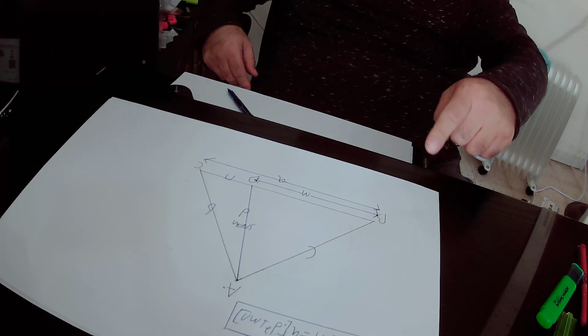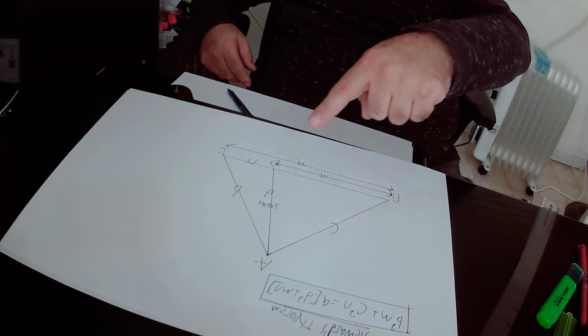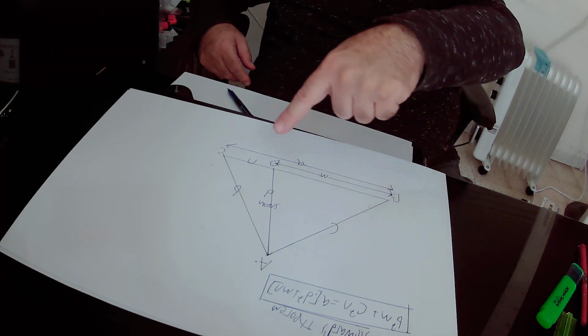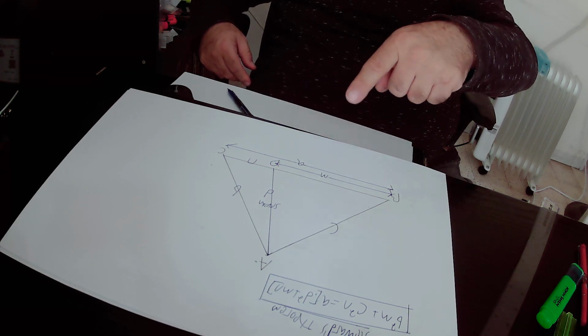I repeat again, according to Stewart's theorem, b squared times m plus c squared times n equals a, and we open brackets.